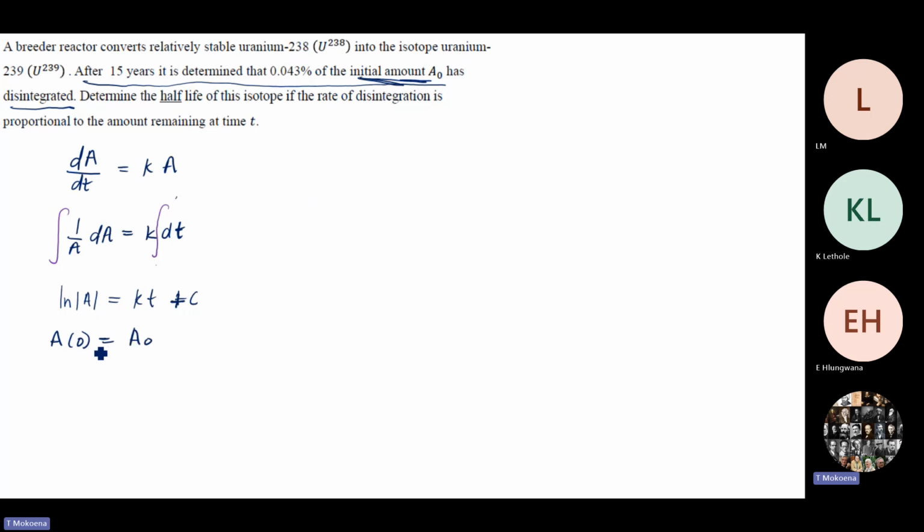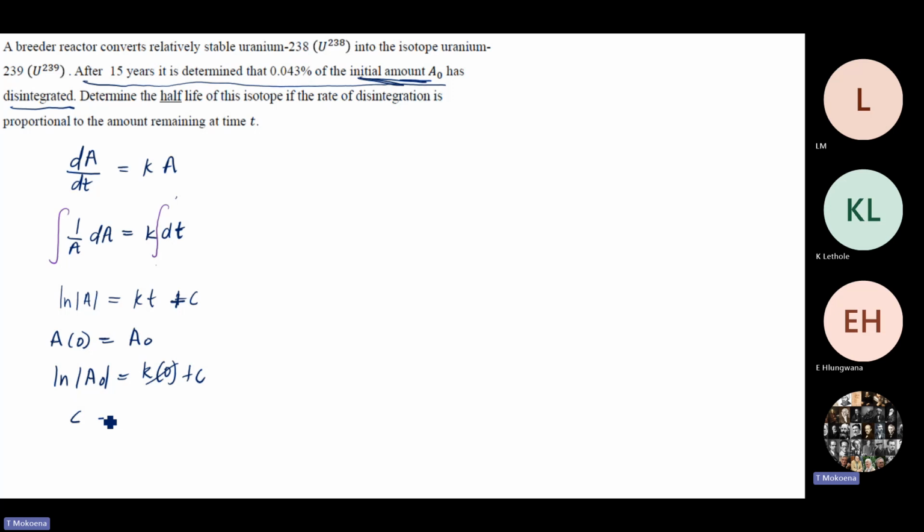Now, to substitute this condition, here we're going to have A. A means our isotope. So our isotope is A sub naught. It's initial. We don't know how much it is, so we'll just substitute it as it is. Here it's going to be A sub naught, which will be equal to k, and our time most definitely is going to be 0, plus C. And therefore this is going to fall out.